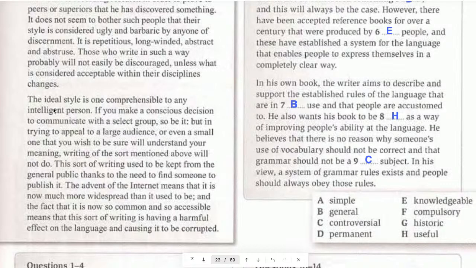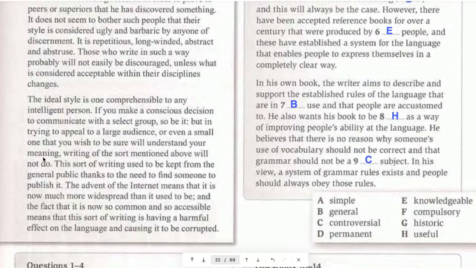Because if you read here, the ideal style is one comprehensible to any intelligent person. If you make a conscious decision to communicate with a select group, so be it. But in trying to appeal to a large audience, or even a small one that you wish to be sure understands your meaning, writing of the sort mentioned above will not do.